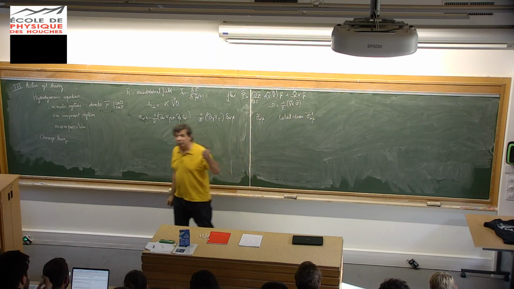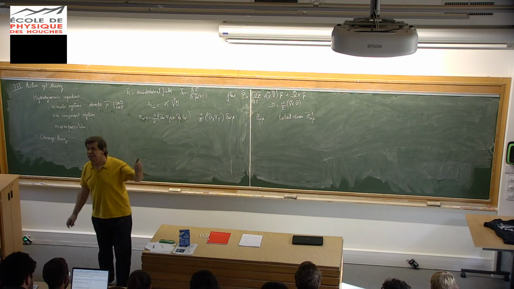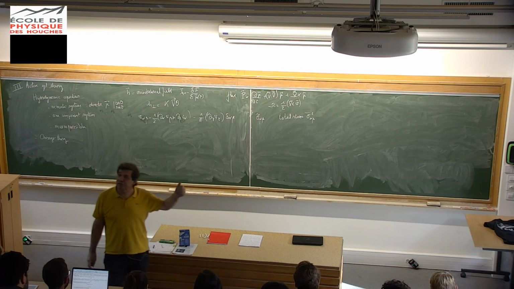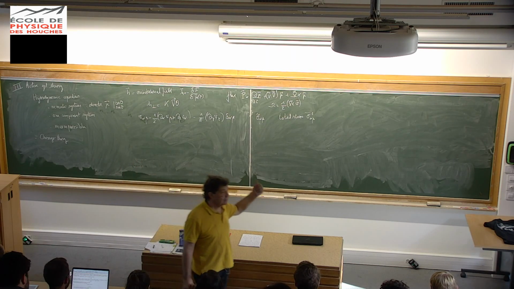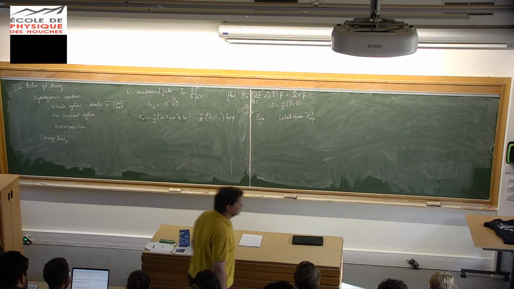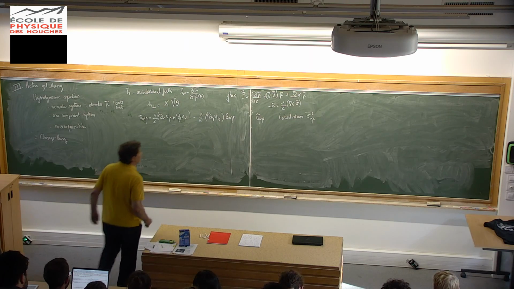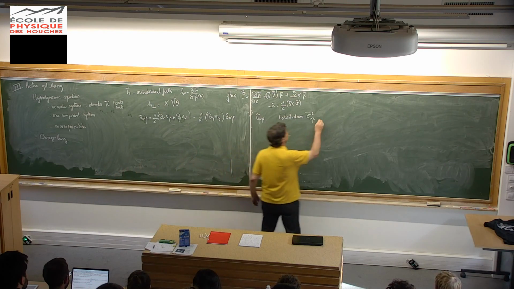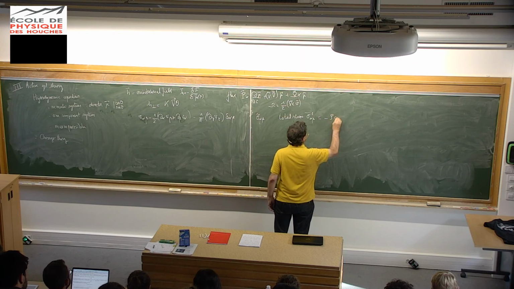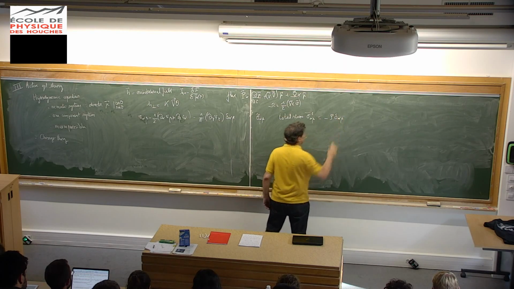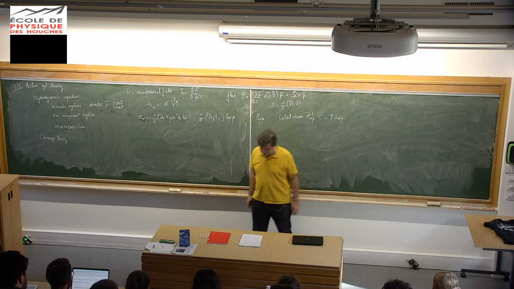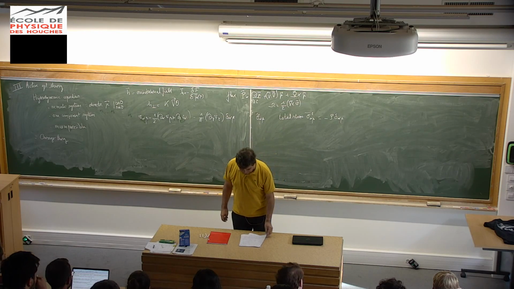Now there is one component of the stress that you know, which is the isotropic component of the stress. It's 1/3 of the trace. That's the pressure. So I will subtract the pressure. So this is minus P delta alpha beta. That's the diagonal part of the stress.